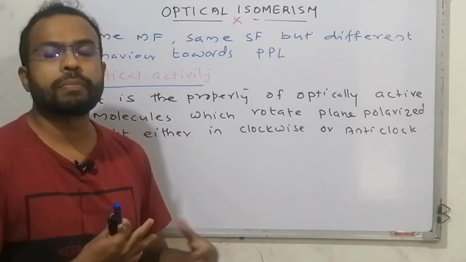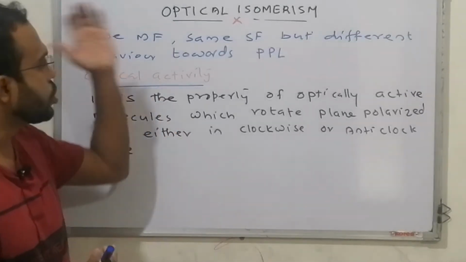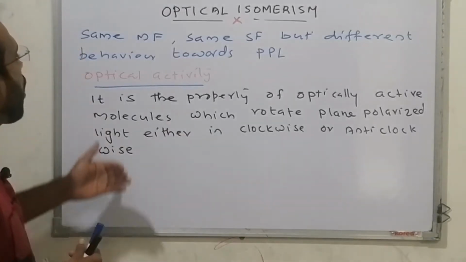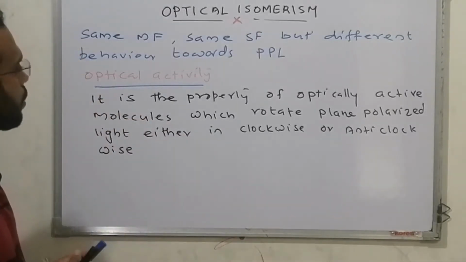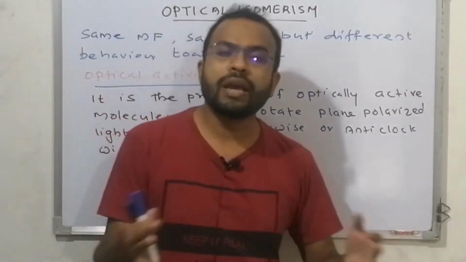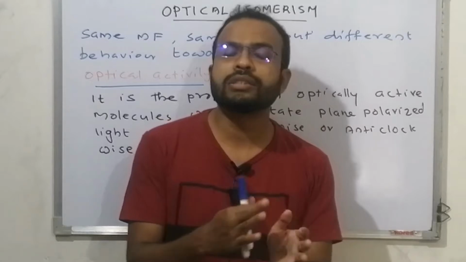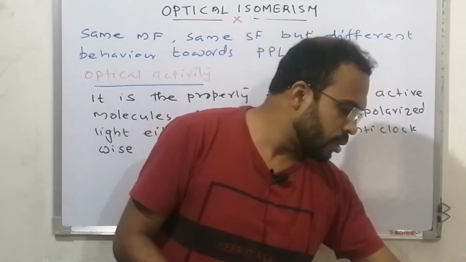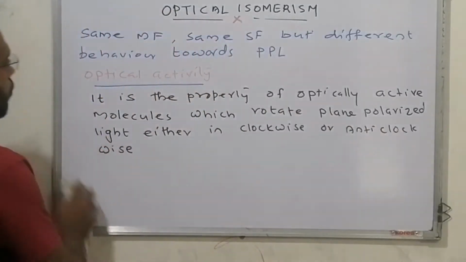Optical isomerism is the property of the molecule having same molecular formula and same structural formula, but they have different behavior towards plane polarized light. What is that behavior? The behavior is that they rotate the plane polarized light either in clockwise or anti-clockwise direction.